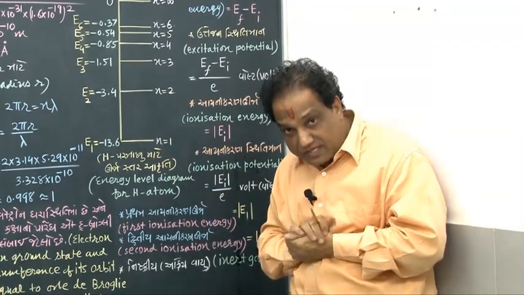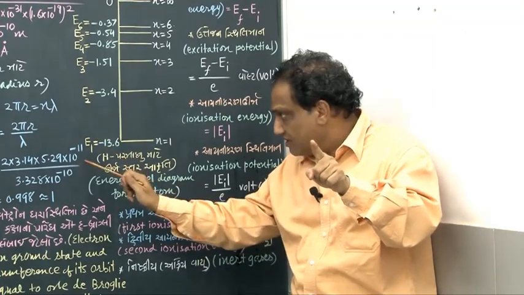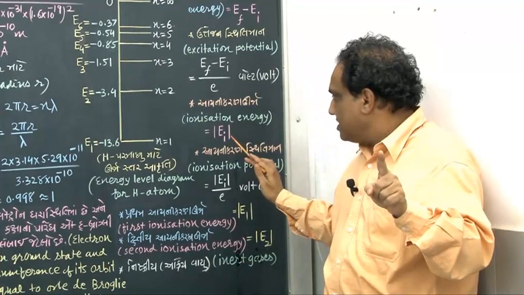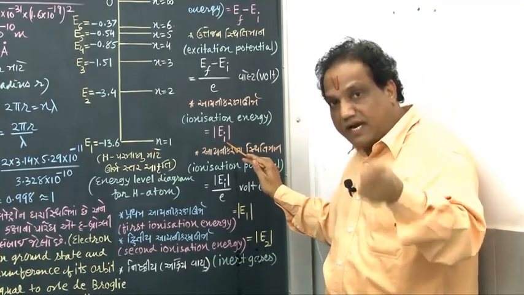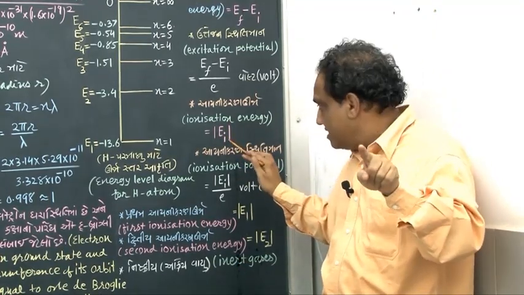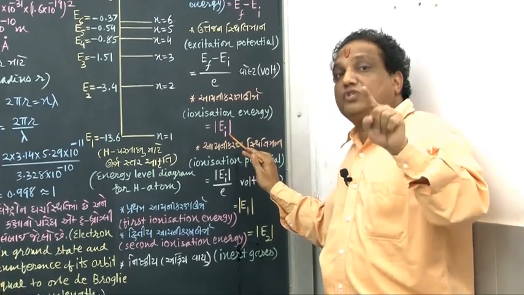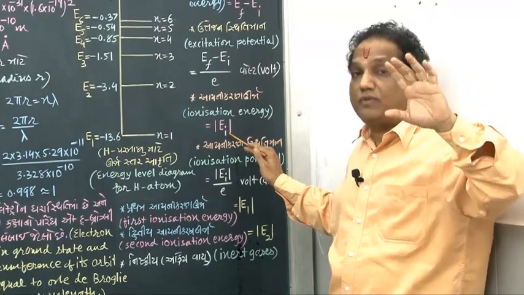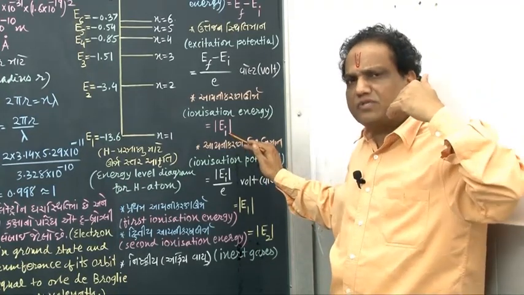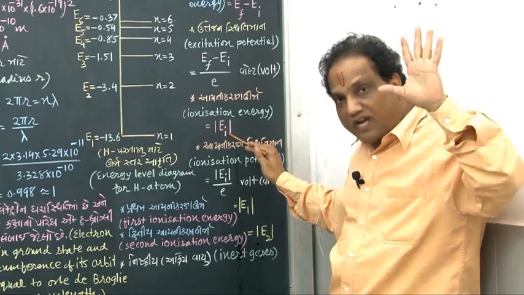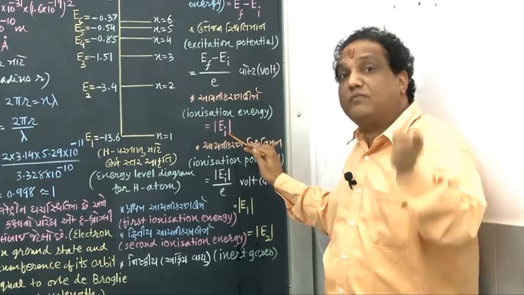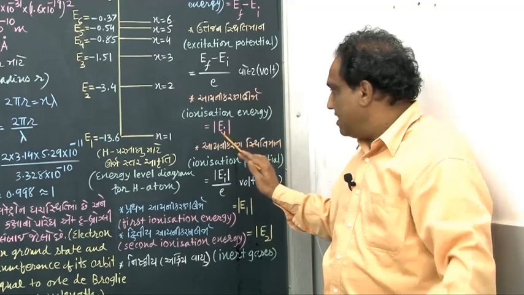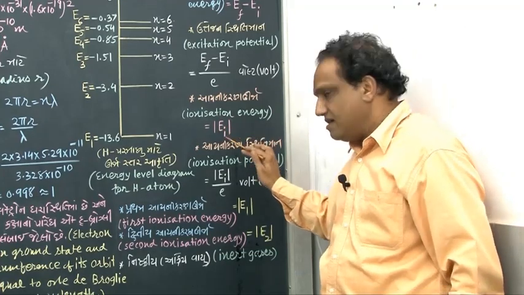Plus 13.6, meaning the modulus of this. So, if the electron is lying in the initial state, say the ith state, and at that time its total energy is EI, then what minimum energy should you supply to that electron such that it escapes out of the binding with the nucleus, becomes completely free, becomes a free electron, and the neutral atom gets transformed into a positive ion? That minimum energy to be supplied from outside is the modulus of EI.